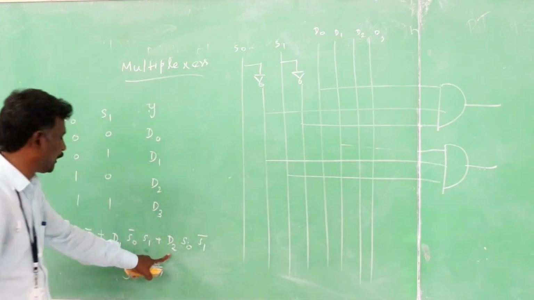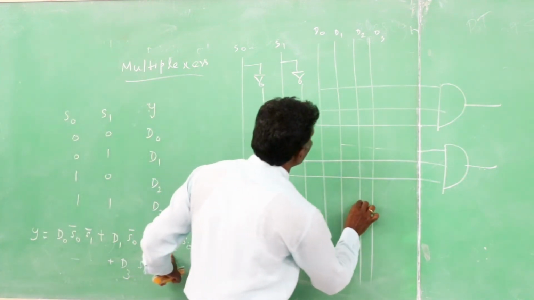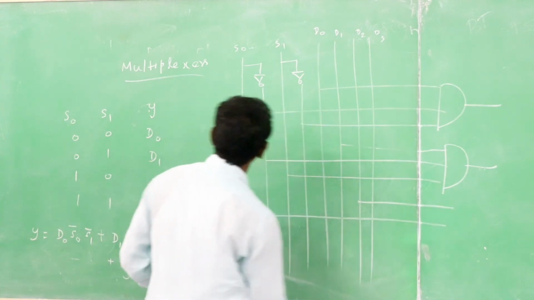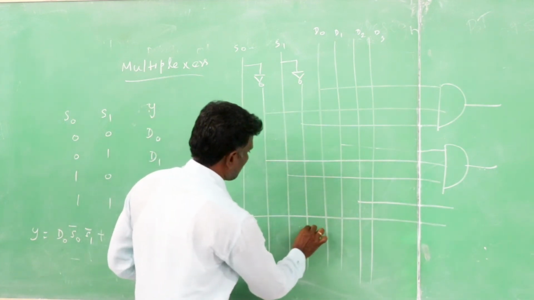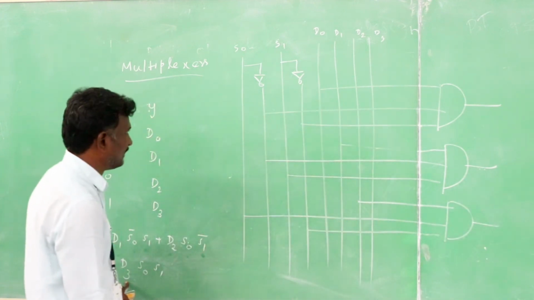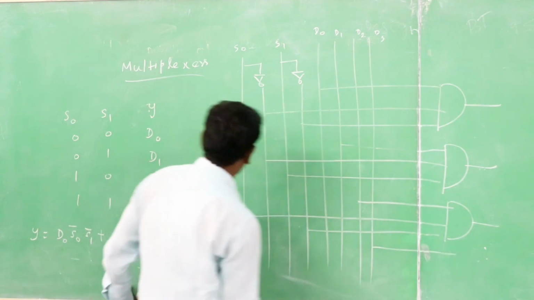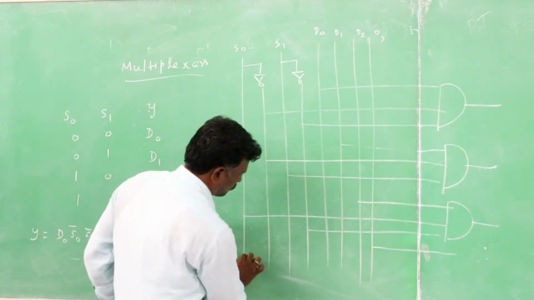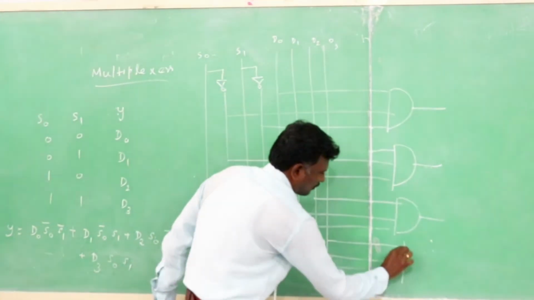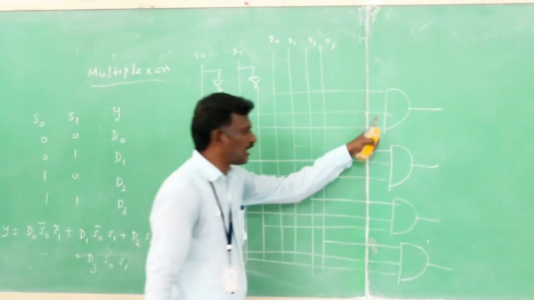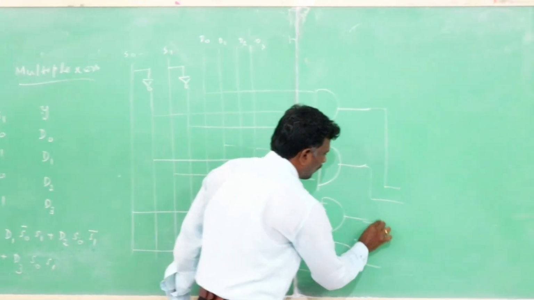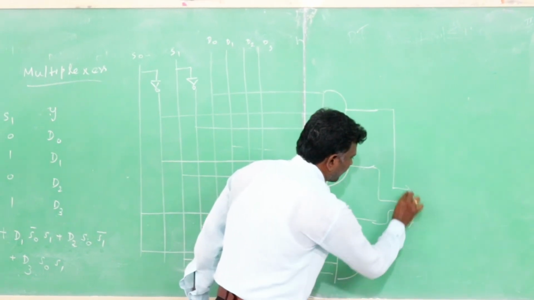Third one, D2 S0 S1 bar. Fourth one, D3 S0 S1. So it performs 4 AND gate operations, and then the 4 AND gates are connected to a single OR gate with output Y.